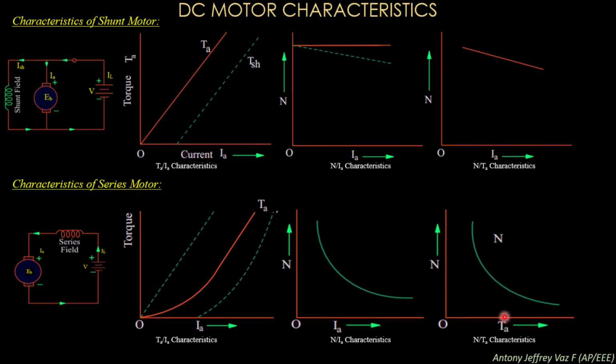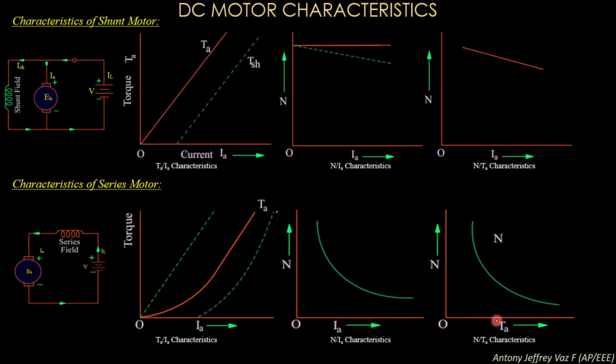Why we use it here is, you can see that the torque developed by the motor is very high initially when the speed is minimum. When the train is at rest and you are going to start it, the speed of the train is minimum, whereas the torque developed by the motor is very high.